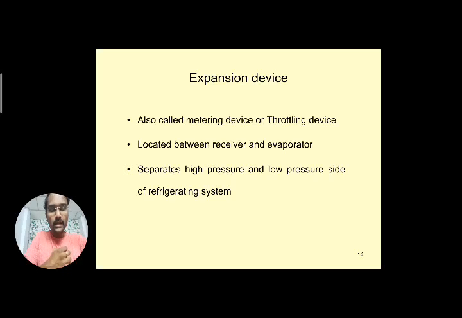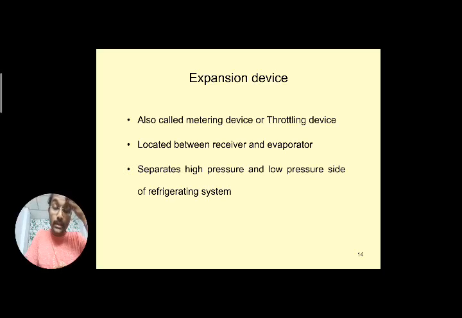It separates in the sense that up to the receiver tank, the liquid coming from the condenser is collected in the receiver. Up to the entry of the expansion device, it maintains the high pressure side. After the expansion device, it maintains the low pressure side.